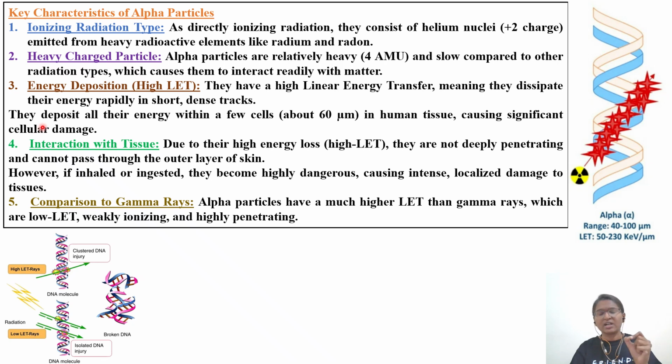These alpha particles deposit all their energy within a few cells. When this particle comes in contact with tissue, immediately within the vicinity of the cells it dissipates its energy, within about 16 microns in the case of human tissue, causing significant cellular damage because of the high energy of alpha particles and high linear energy transfer.